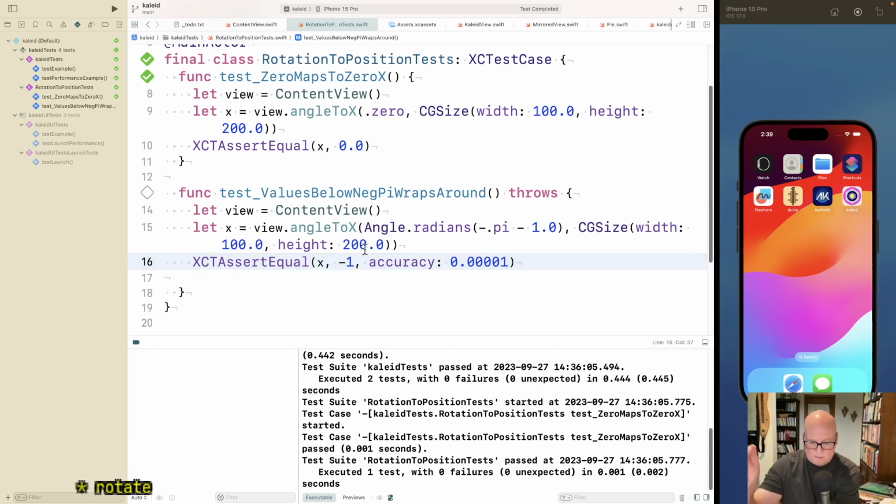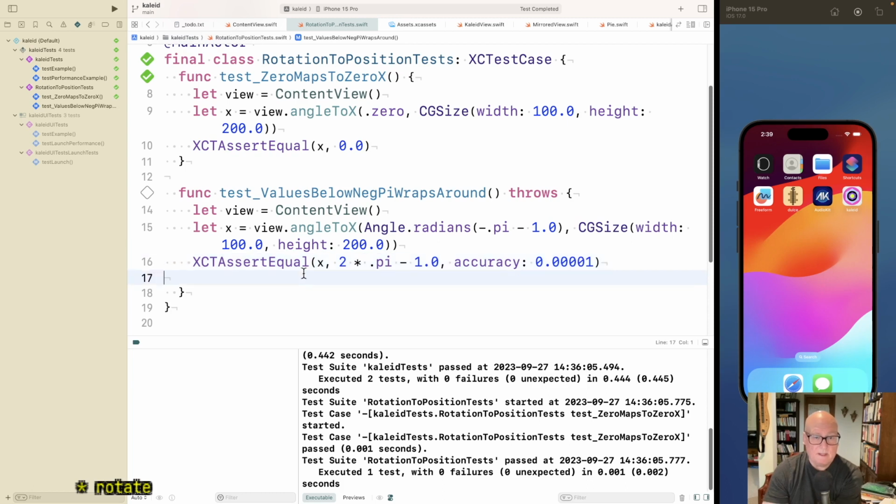Okay, so if it's minus pi, then I've gone this way. And then I'm going to add 2 pi to it. Okay, so it's below negative pi. I'm going to add 2 pi to it. That puts it in the range 0 to pi. Okay.